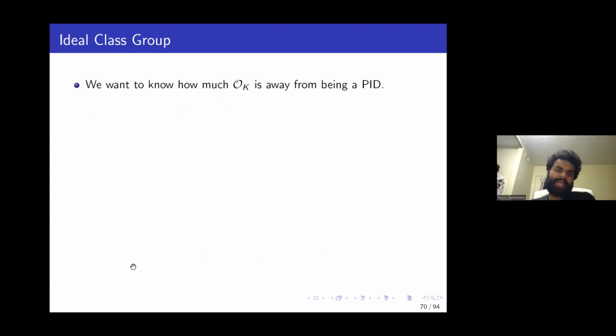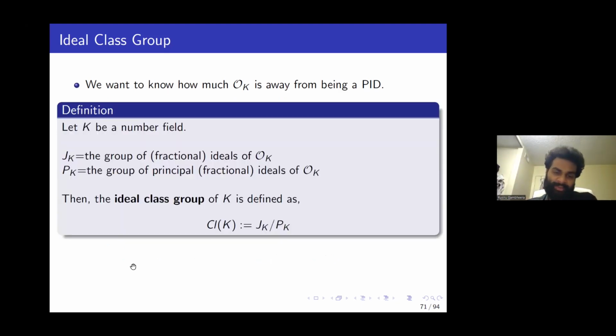So we want to understand how bad it is, right? We want to understand how far a number field is from being a principal ideal domain. There's a way to measure that, a way to quantify that. So this is the definition of that. Again, don't worry about the definition.